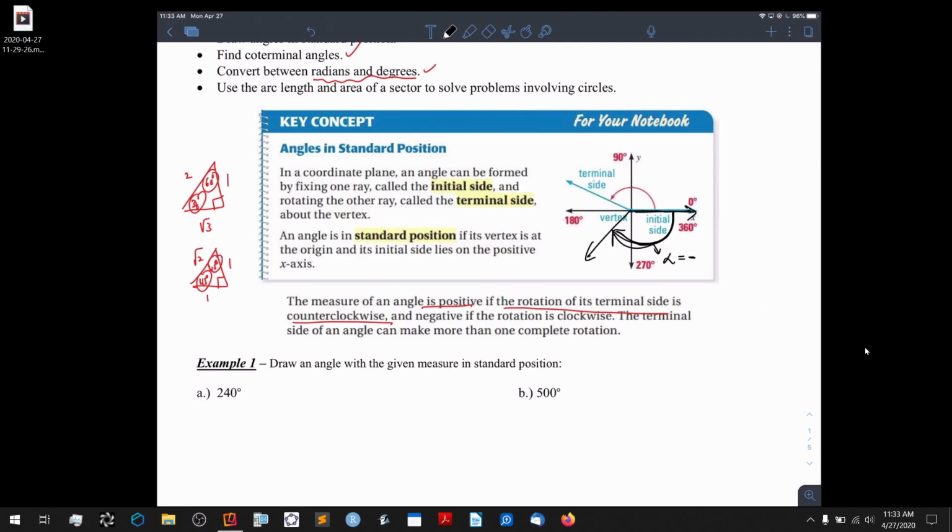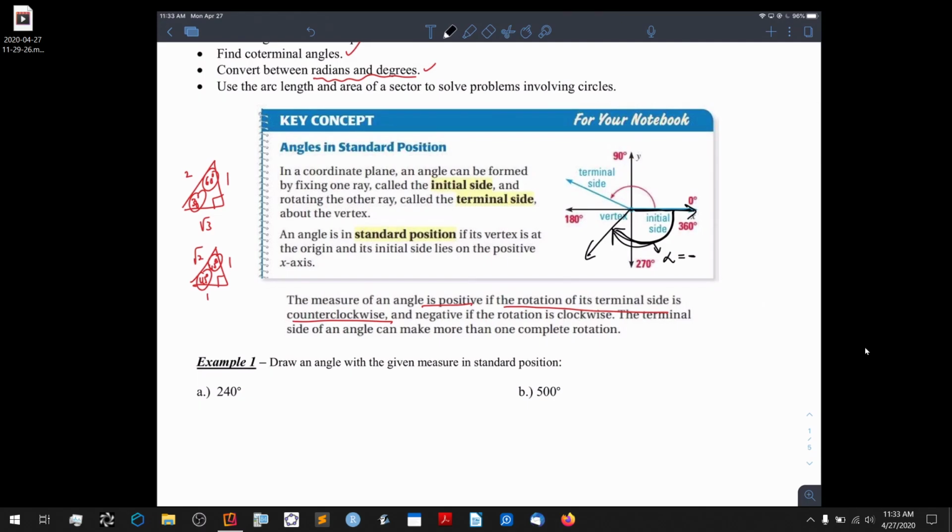So if I rotate counterclockwise, the angle is positive. If I rotate clockwise, the angle is negative. That's all that little blurb means. It doesn't feel right, because it feels like going this way should be positive, but that's not how it works. So clockwise is negative, counterclockwise is positive.